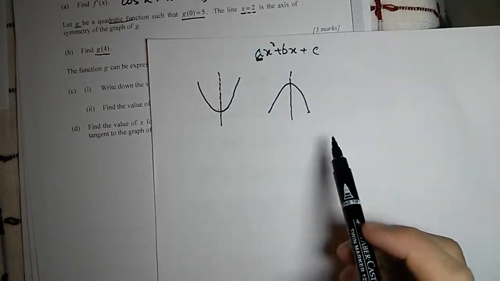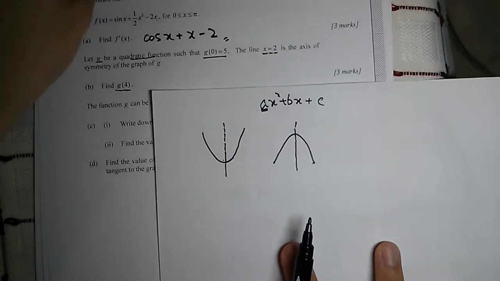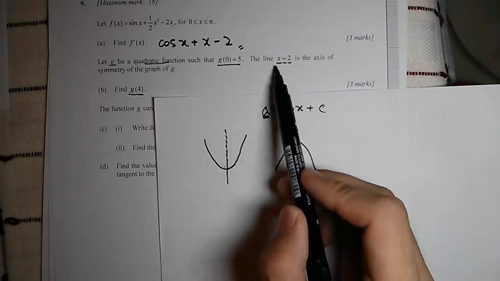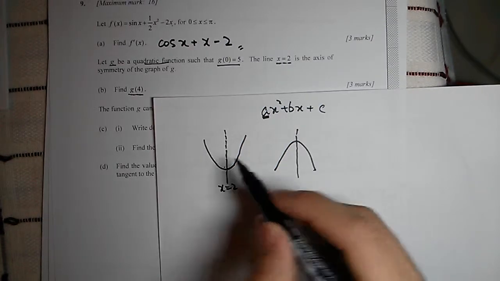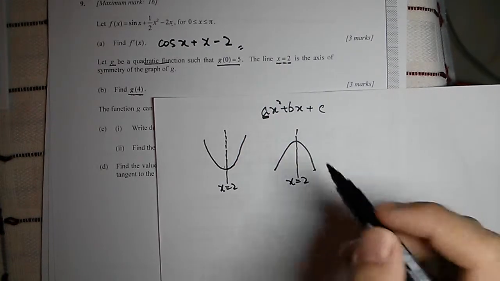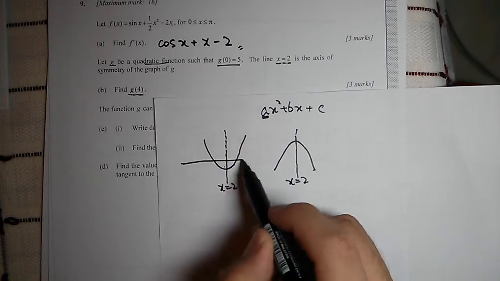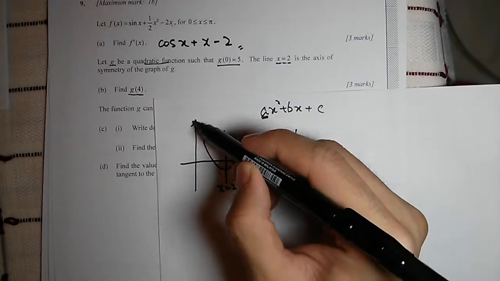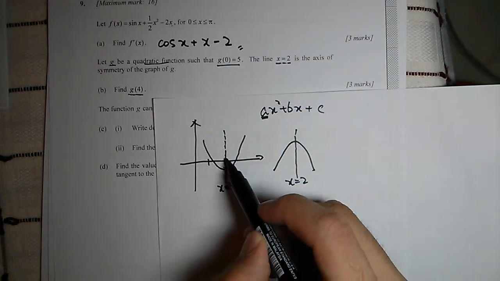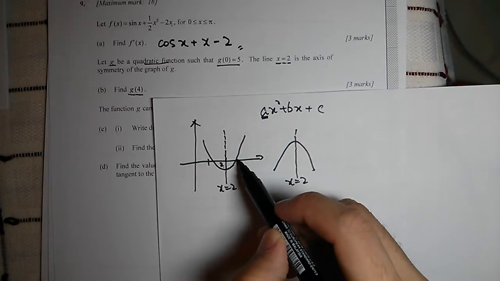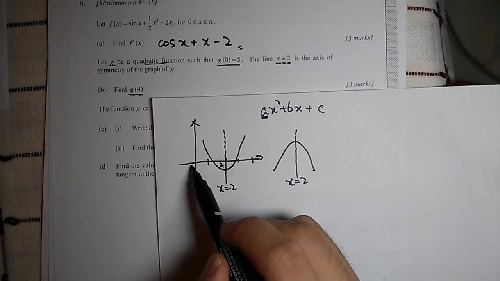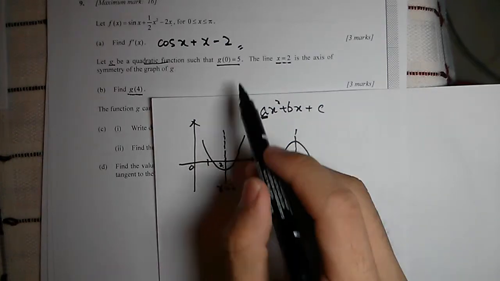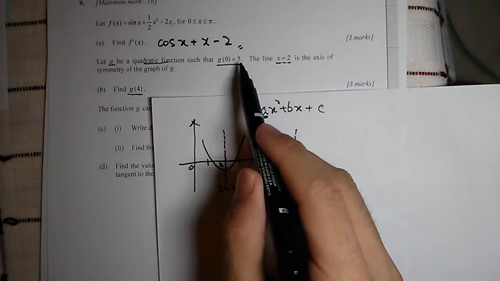For this question, the axis of symmetry is given to be x equal to 2. If you draw an axis, this is 1, this is 2, 3, 4, etc. What you know is, when x is 0, the graph has y equal to 5.